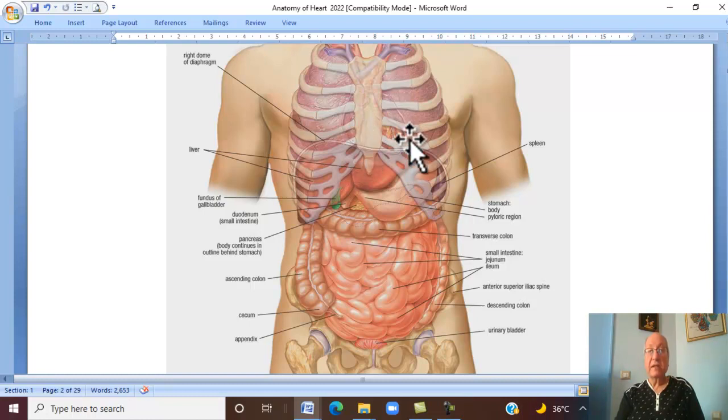Left fifth intercostal space, just medial to the left mid-clavicular line, 9 centimeters or 3.5 inches from the middle line.